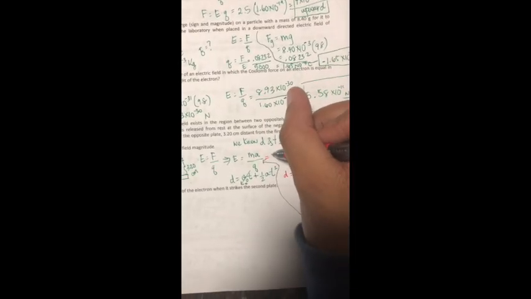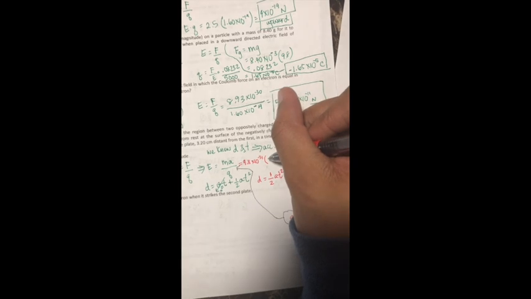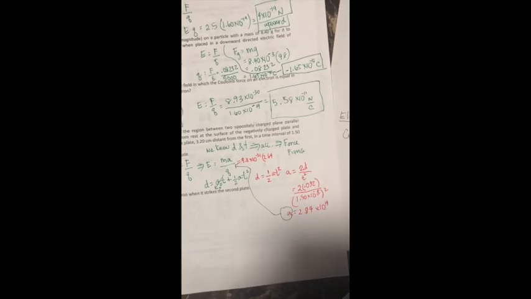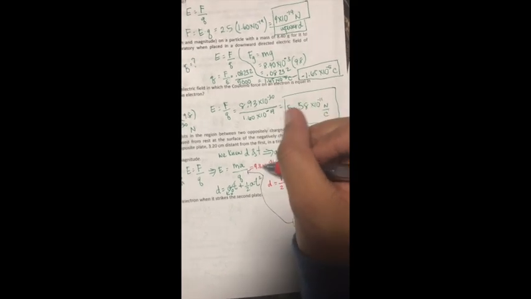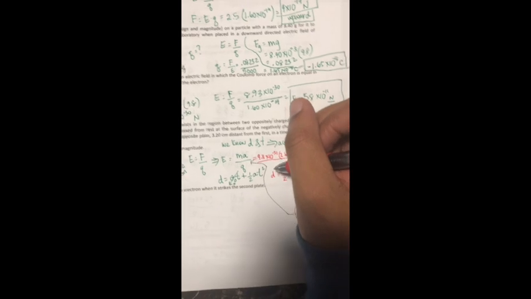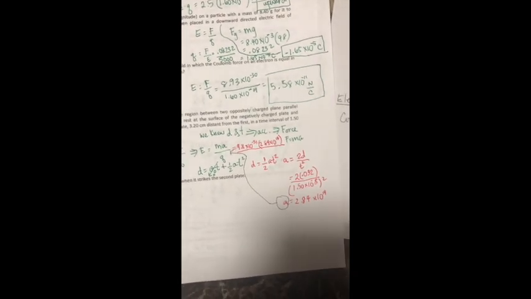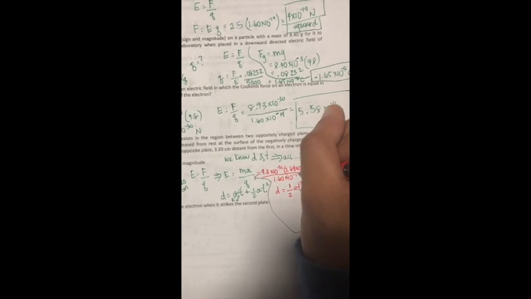So, field's going to be equal to the mass of an electron, because an electron is falling, 9.11 times 10 to the negative 31st times that acceleration, 2.84 times 10 to the 14th, divided by the charge, and I'm not worried about sign right now, 1.6 times 10 to the negative 19th.